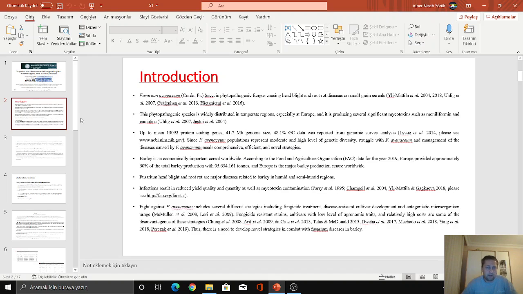Barley is one of the most economically important cereals worldwide, and here we see some reports from FAO related to barley. Particularly in humid and semi-humid regions, barley is reported to be contaminated with Fusarium avenaceum. The fight against Fusarium avenaceum has several different strategies, such as disease resistant cultivar development, fungicide treatment, and antagonistic microorganisms.